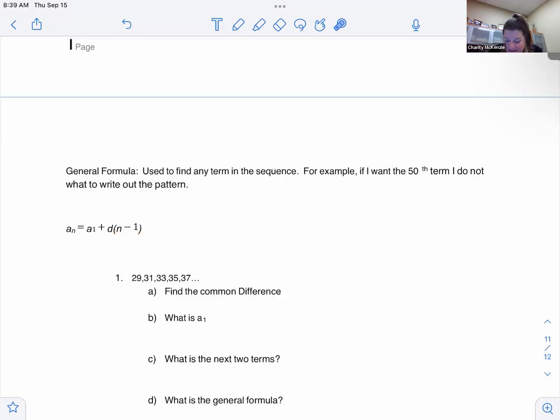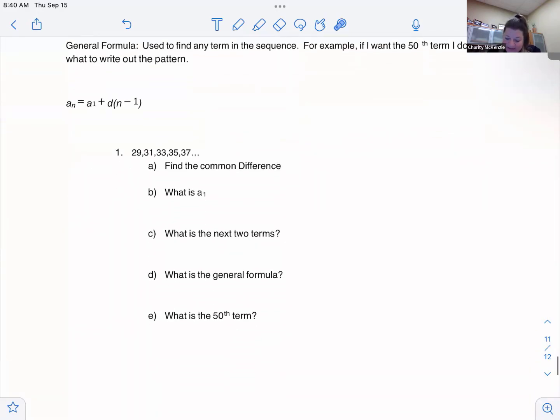So n minus 1 is this, it's because it's the next spot in the term. So what do you have to know to write the general formula? You have to know the first spot. Where are you starting in your sequence? Because I could be adding 2, but what if I start with the number 1 or I start with the number 5? I have to know where my sequence is starting. So you have to know the first number and then what is the difference between each one. So you have to know both of those.